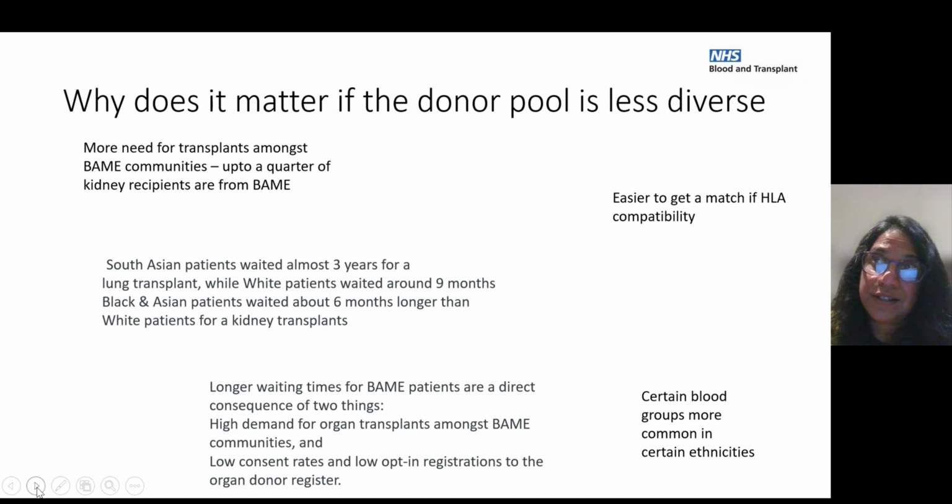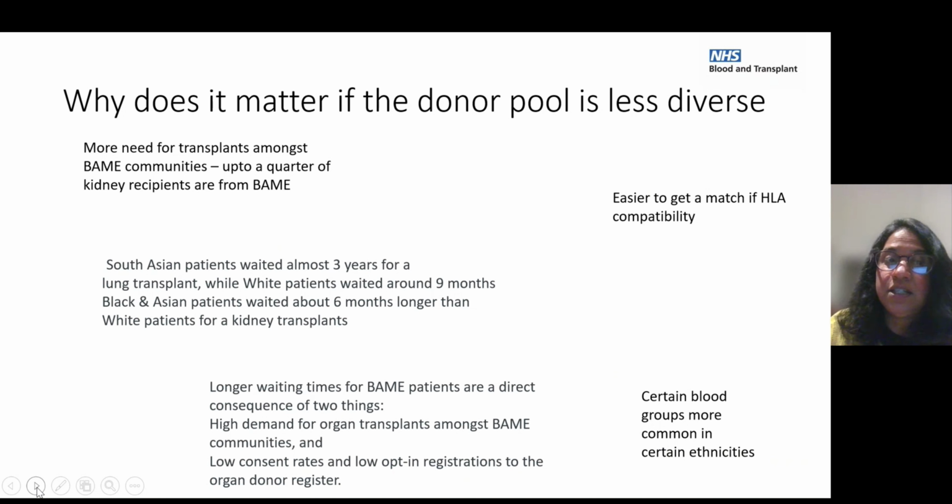Why does it actually matter if the donor pool is less diverse? Why are we trying to promote the diversity of donor pools? This is because of a discrepancy in the non-white communities. And for the purposes of this talk and in the United Kingdom, the term used is Black and minority ethnic communities.